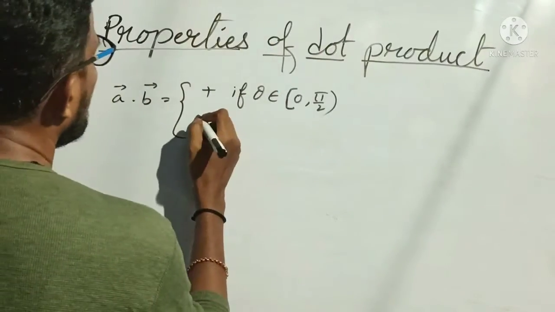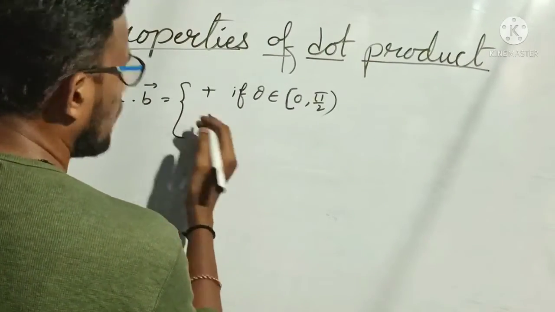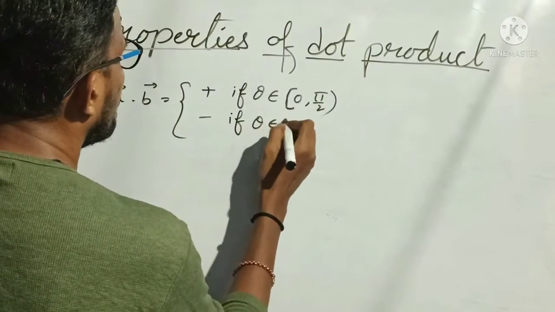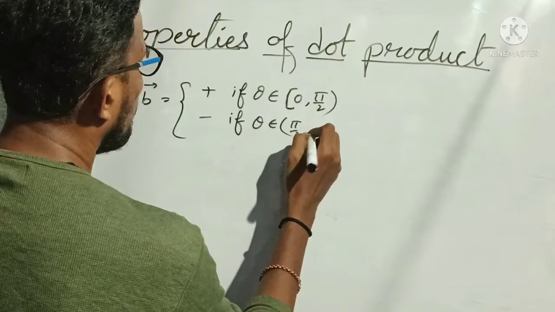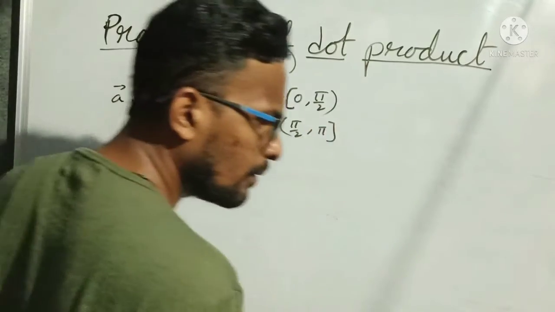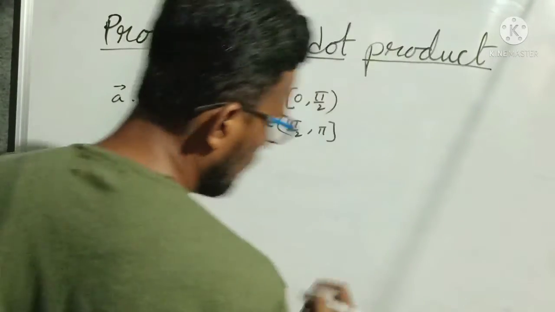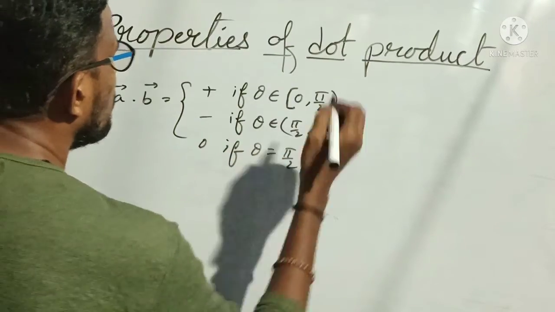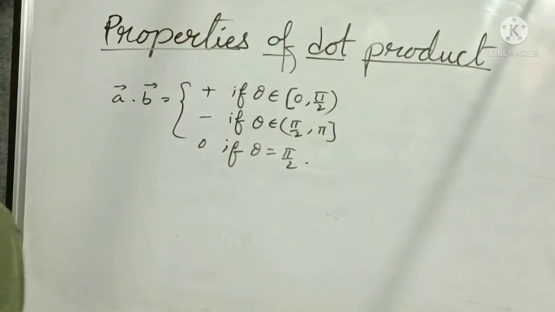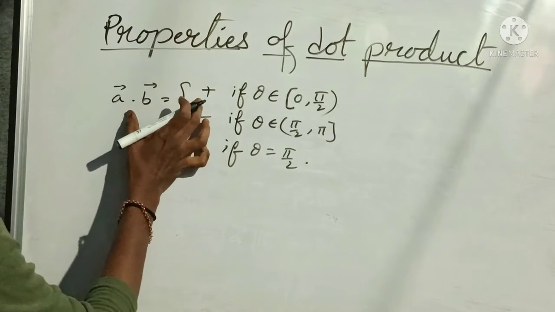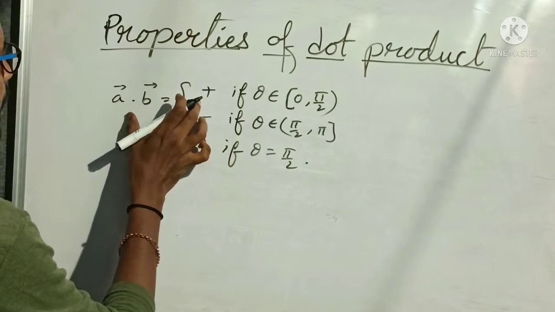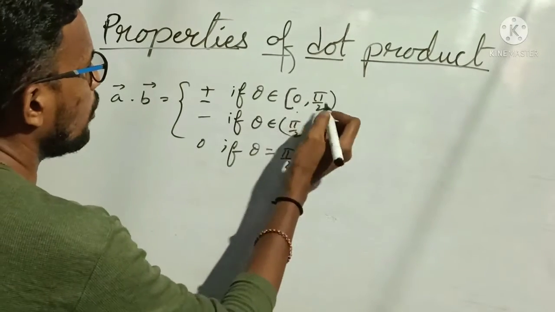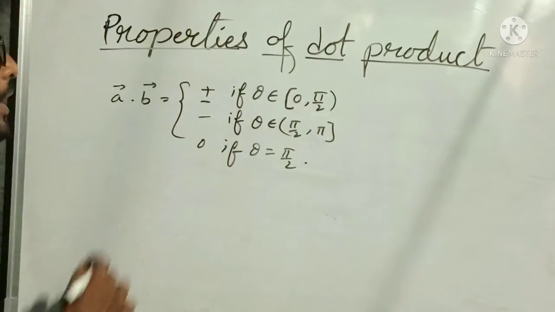Okay, and negative if theta belongs to pi by 2 comma pi. Okay, and 0 if theta is equal to pi by 2. Okay, so my a bar dot b bar value will be positive in between 0 and pi by 2, where 0 is included here.